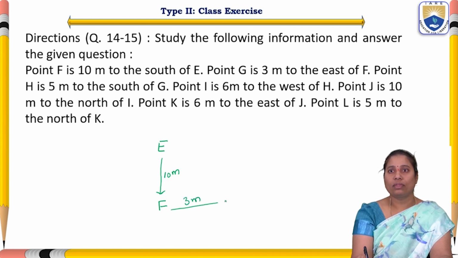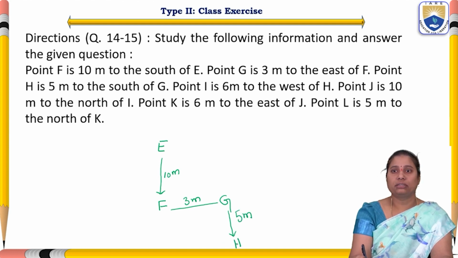Point H is 5 meters to the south of G. So G is here, and at G's 5 meters position, H is there.